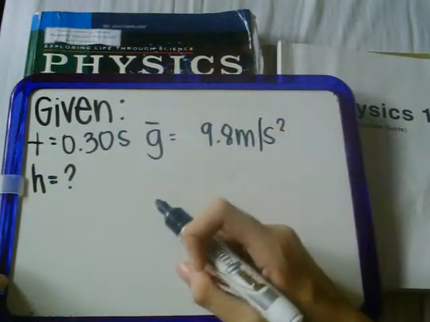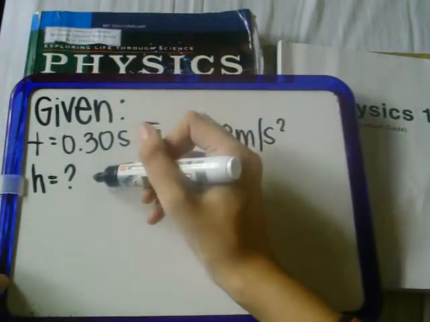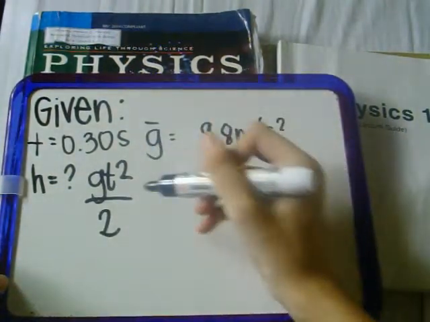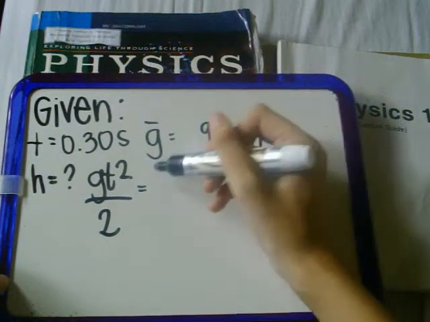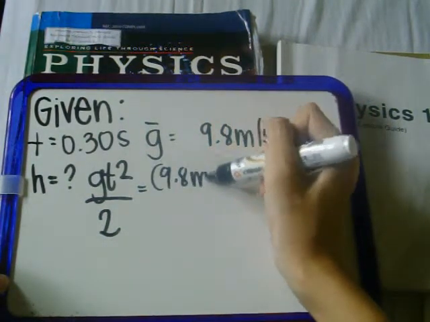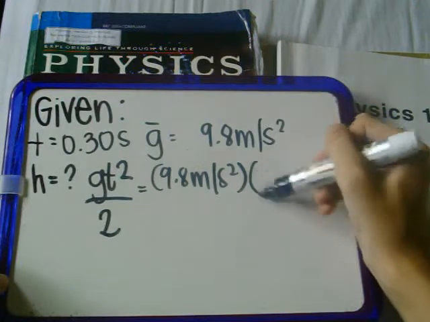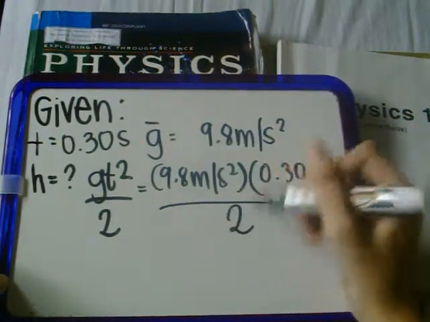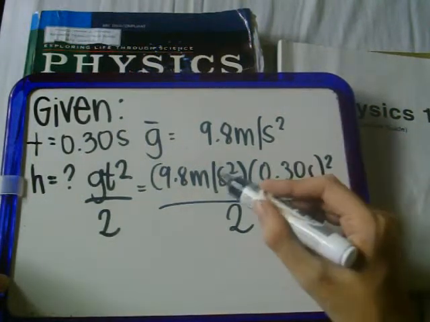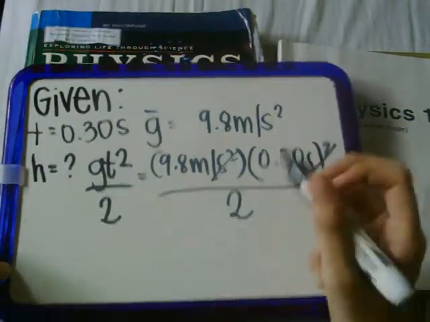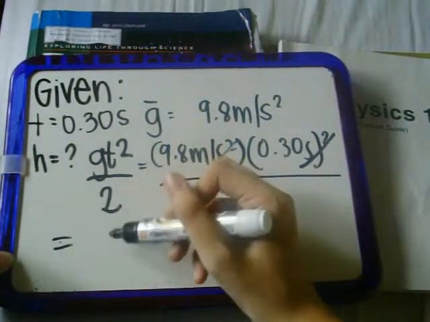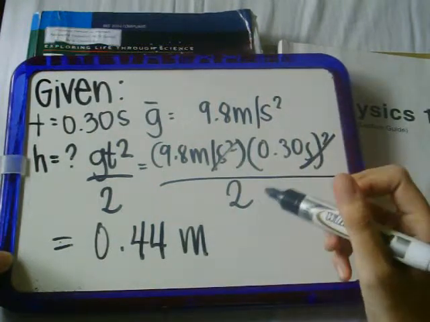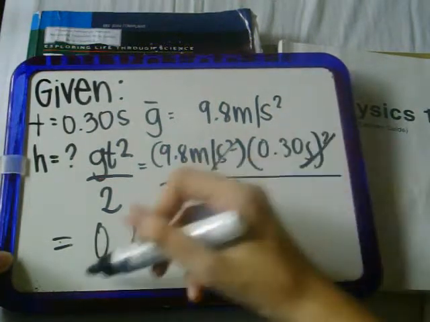We will use the equation height equals gt squared over 2. Then substitute the given values. 9.8 meters per second squared times 0.30 seconds squared over 2. Cancel the unit of time. And the answer will be 0.44 meter. The height of the syrup from the cup is 0.44 meter.